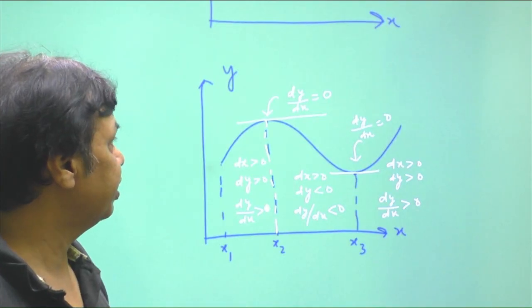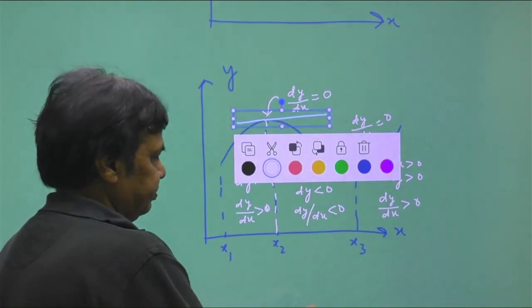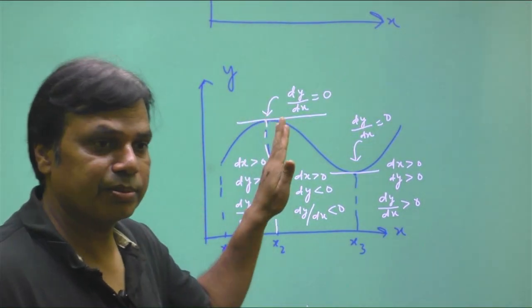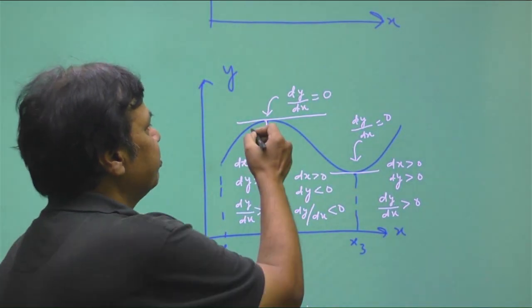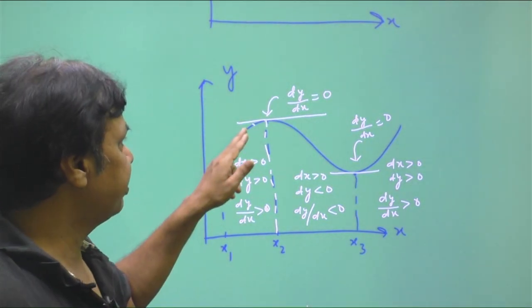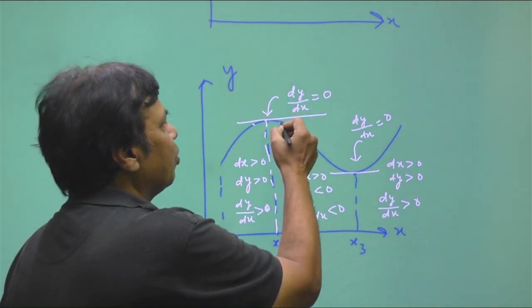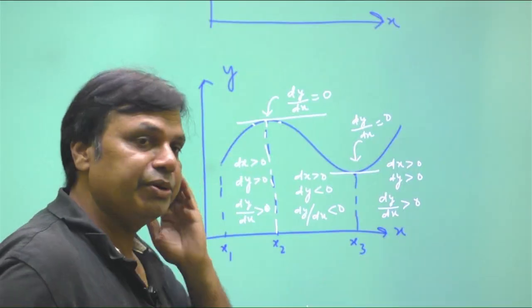And if you see around this local maxima, you will notice one thing. At the left of the local maxima, dy by dx is positive at a point here. Say, for example, dy by dx is positive here, it is 0 at the top, and then at some other points, just right of the local maxima, dy by dx is negative.